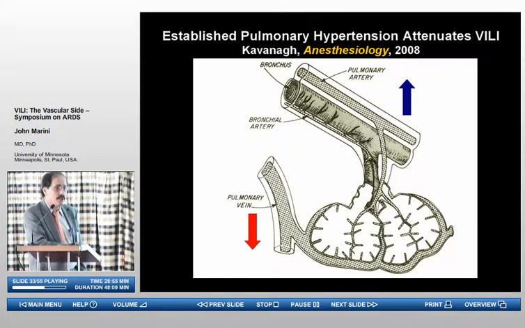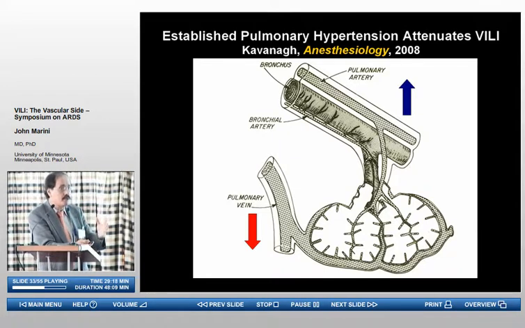Moreover, it may be interesting to note that recently Brian Cavanaugh and his group have shown that in rats that were conditioned with hyperoxia for about 30 days to give them pulmonary hypertension, they had much less damage than rats that were natively exposed to the same stress forces.